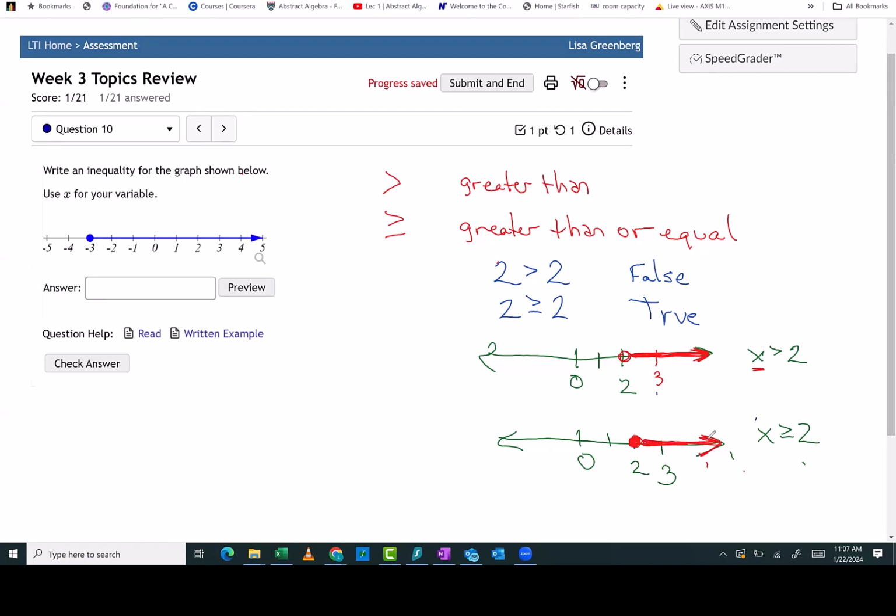All I'm worried about is that endpoint where we start. I also have less than or less than or equal.